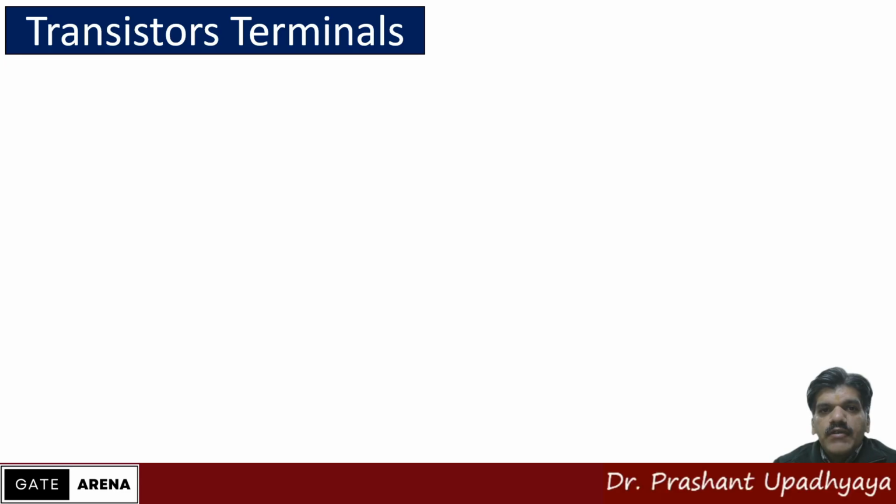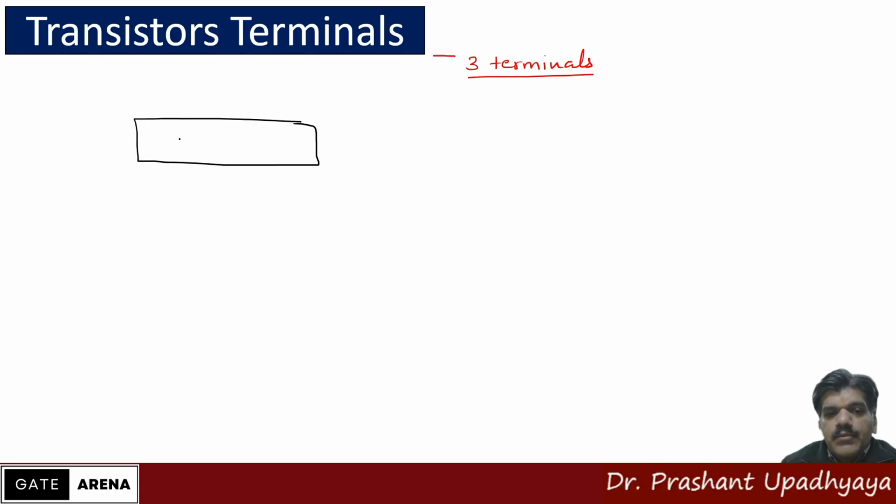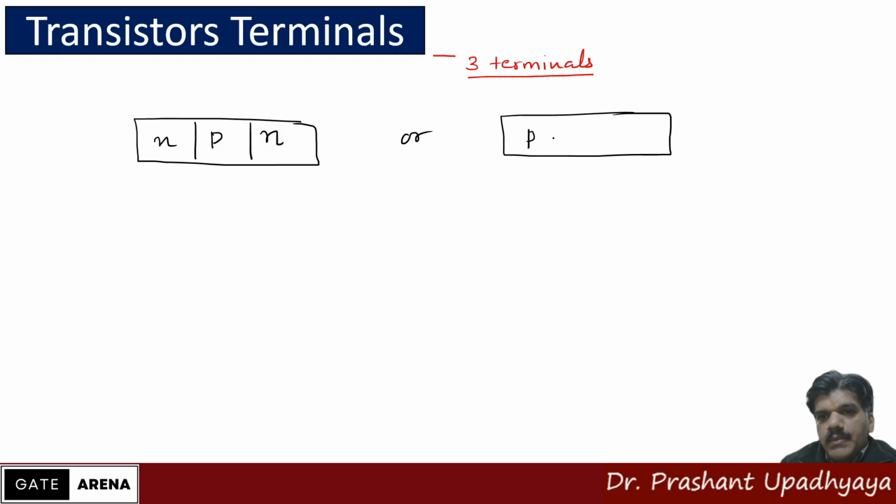In today's lecture, we are going to talk about some of the transistor terminals. In a transistor, we have seen that it has three terminals. Let's say I'm talking about an NPN transistor, or I can write a PNP transistor.